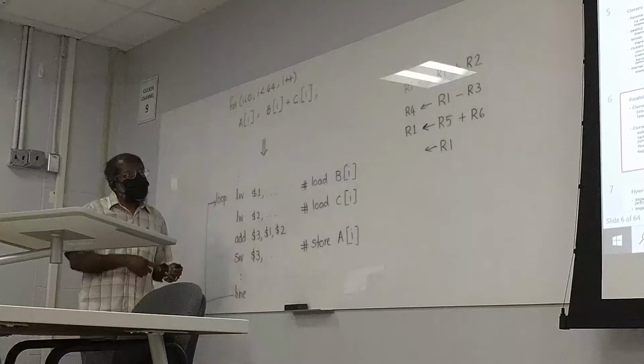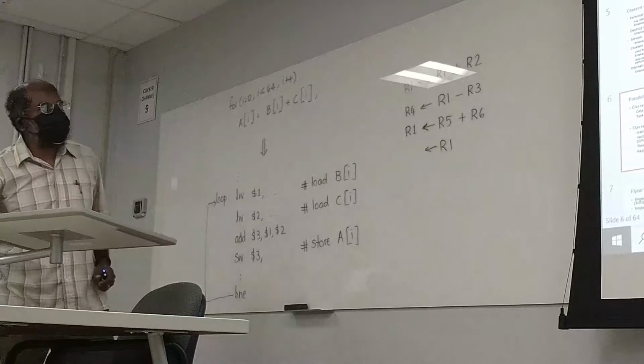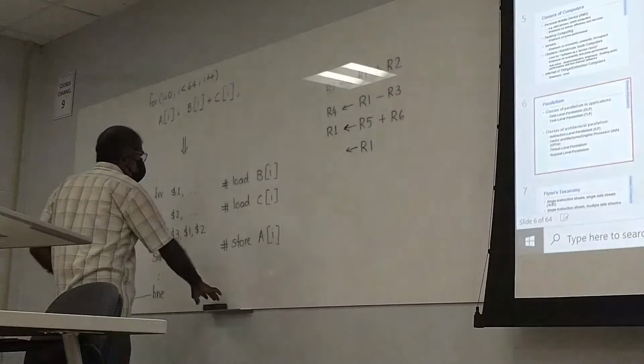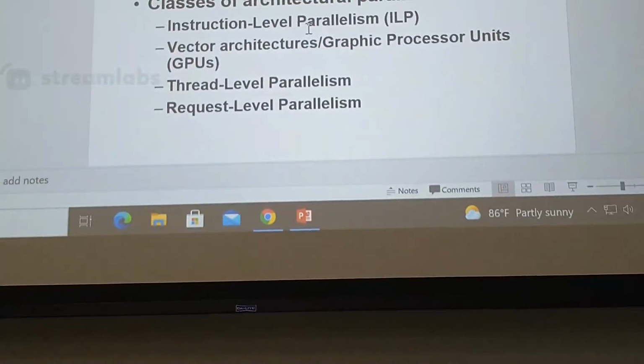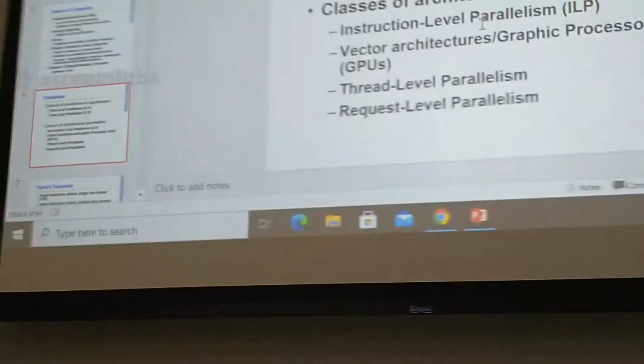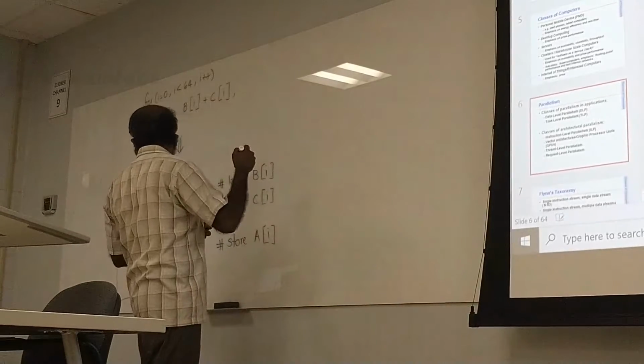However, with the vector architecture, it would do something like this.